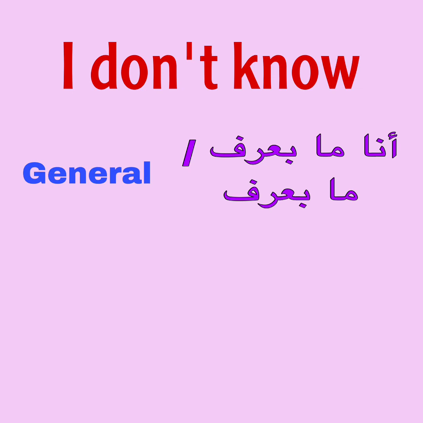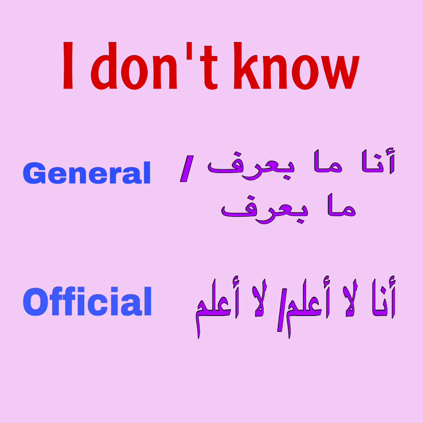But formally you say ana la a'lam, or la a'lam. Literally in English it means no know. It doesn't make sense in English, but it makes a lot of sense in Arabic.